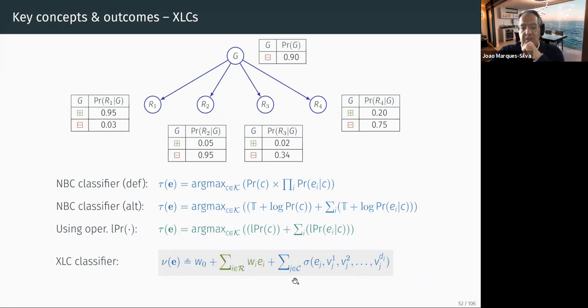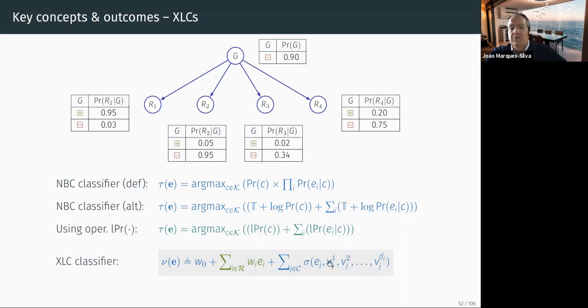I'm just going to focus on naive Bayes, and I'm going to use this sigma, which is just saying that, given the evidence J, I'm going to select one of these. So EJ can take one value from its domain. If it's the first value, it's this one, the value I'm going to use. Second value, and so on. Okay. So, for example, I have 0 and 1 as possible values for R1.